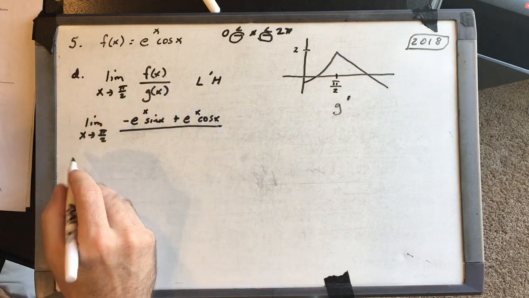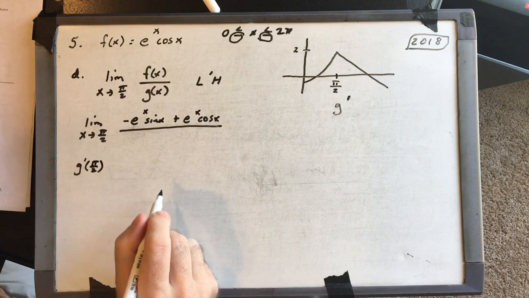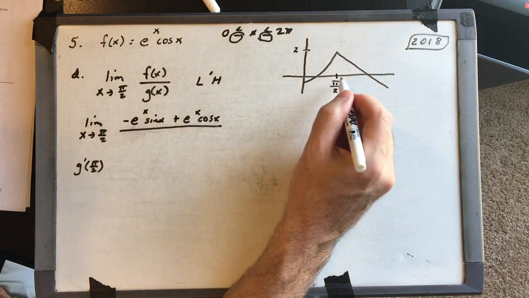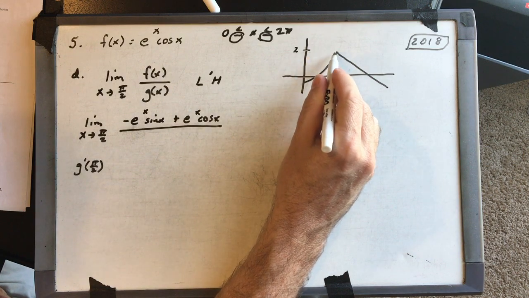Now on the bottom, g prime of pi over 2, we can find that right from the graph. It's 2.